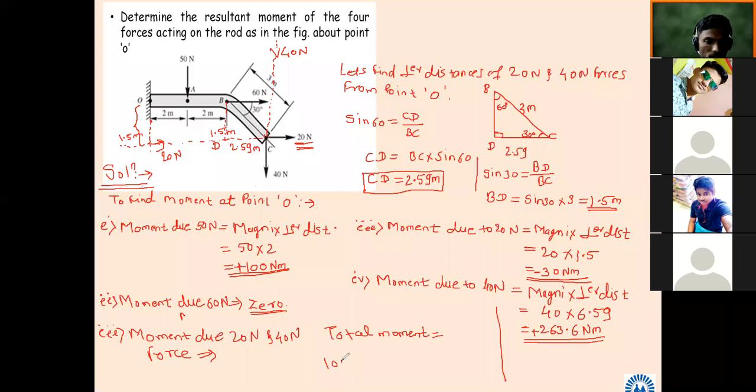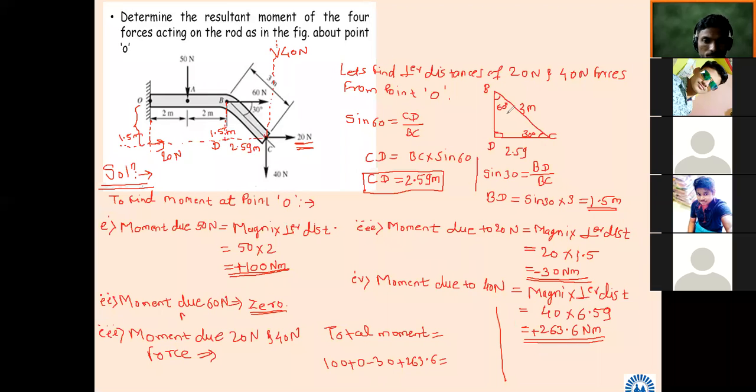So 100 plus 0, minus 30, plus 263.6. Calculate.